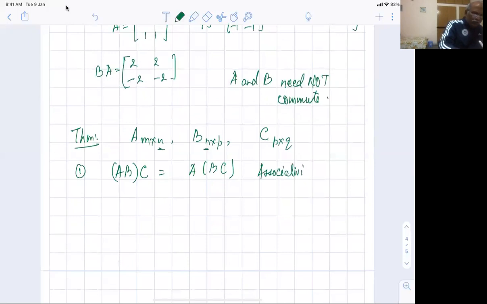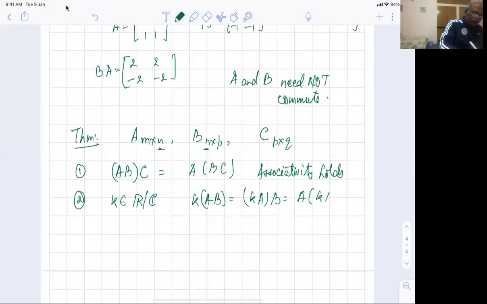Associativity holds. Fine. Second, for every scalar K belonging to real numbers or complex numbers, whatever I have, K times AB is the same as K times AB, which is the same as A times KB. So you can put K anywhere that you want.